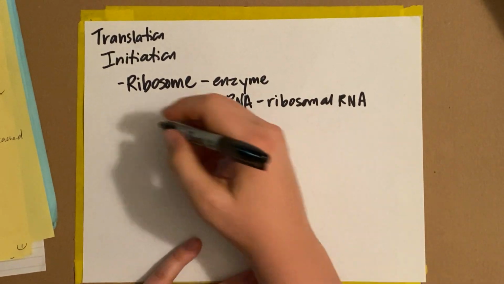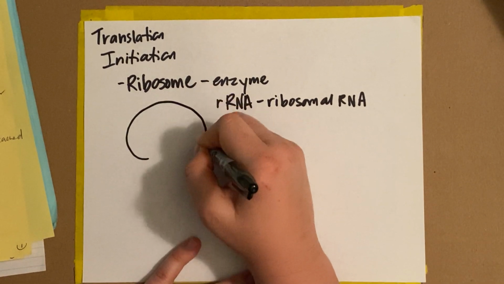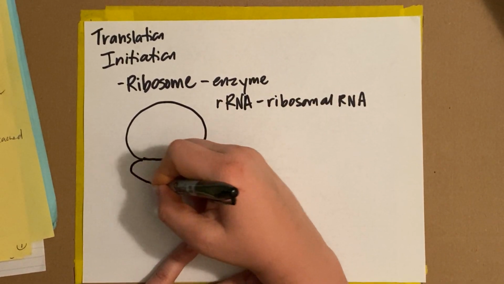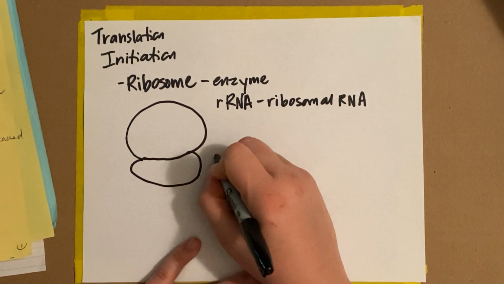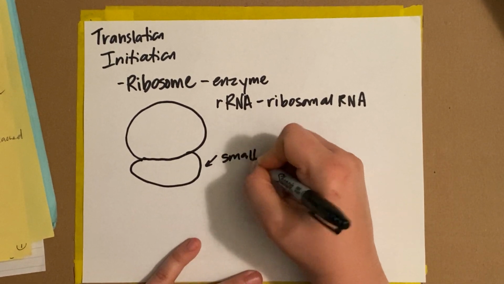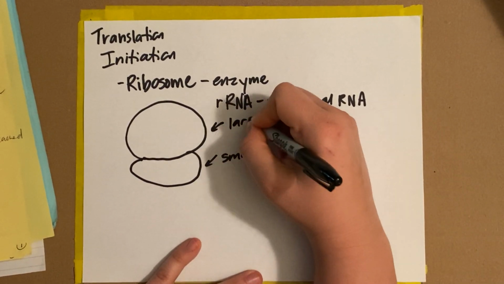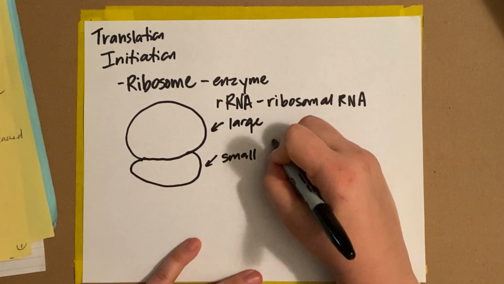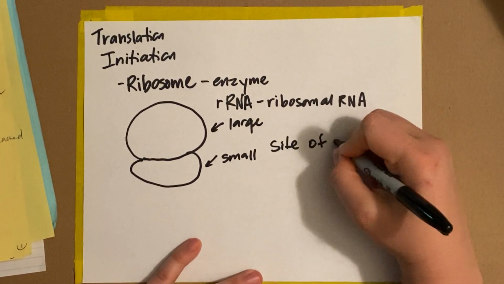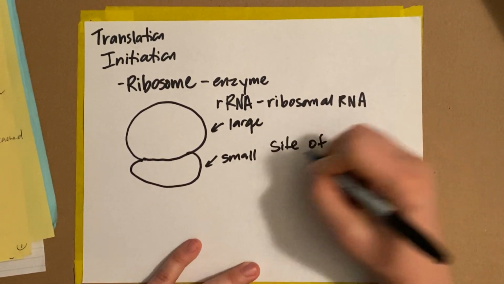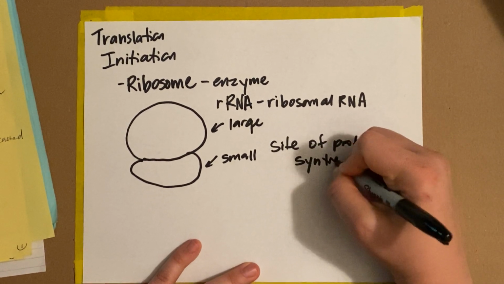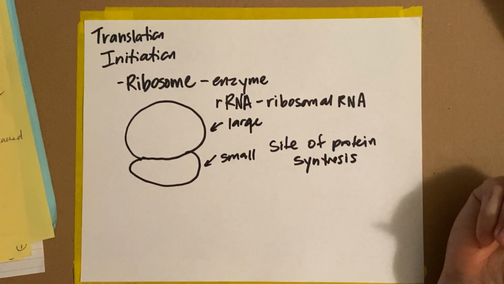Okay, and so the ribosome is going to have two subunits. It has a large subunit and a small subunit. So small and large. And it's going to be the site of protein synthesis. Okay.